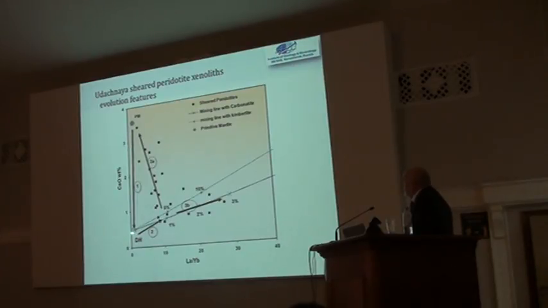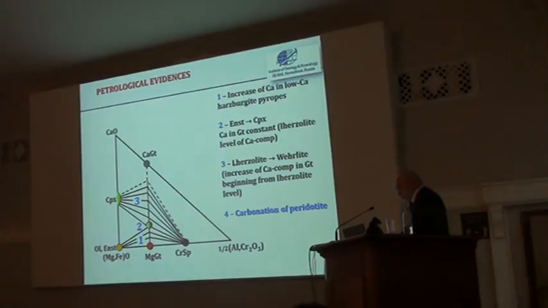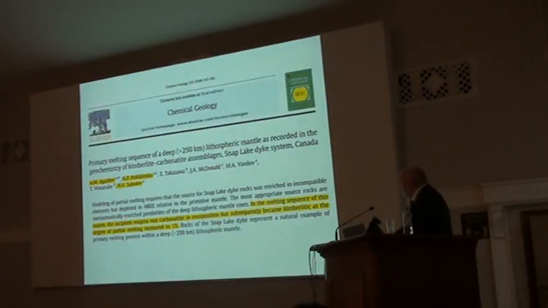Then, in secondary enrichment by carbonatitic metasomatic treatment, it's mixing with this kimberlite, this proto-kimberlite here, 5%, 10%, and they have a real composition in here and here. And then secondary enrichment by basaltic melt. Also, they have practically a full range from here up to here. Okay. That's possible to do.